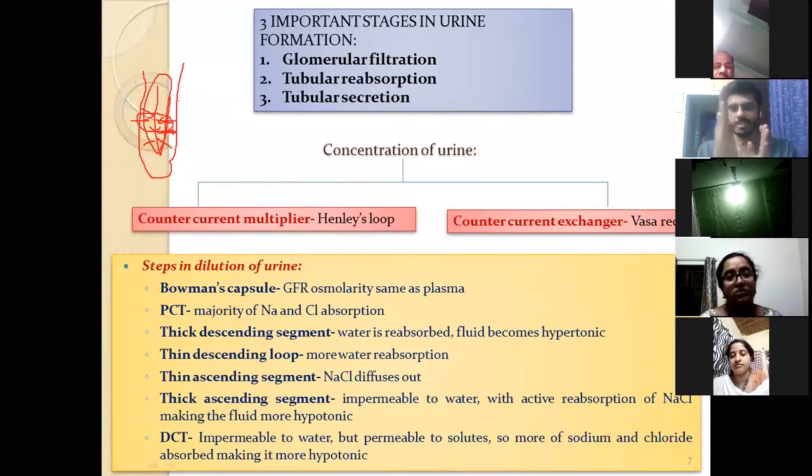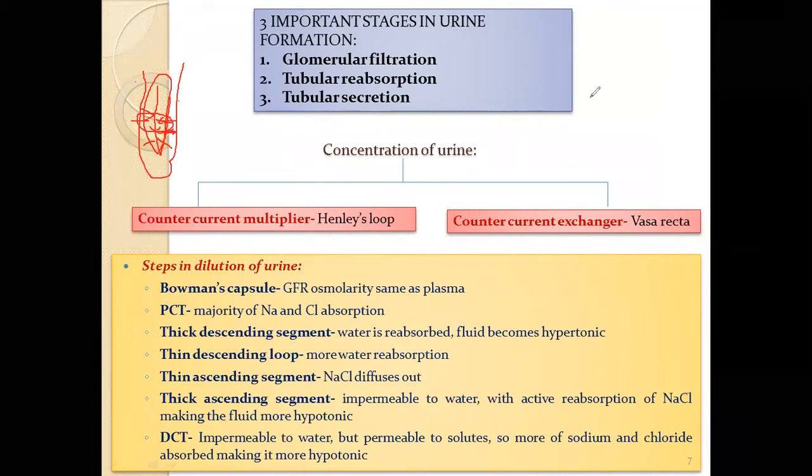If this area has to become hyperosmolar, ions from here have to shift into this. Correct? So that is called counter current multiplier. That is done by the Henle's loop. Counter current exchanger is just a maintenance phase. That means it will maintain that hyperosmolar state. That is done by the vasa rectae. Okay, this much is clear. Counter current multiplier, counter current exchanger.